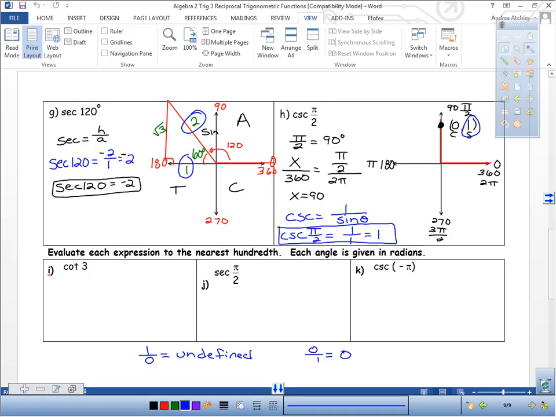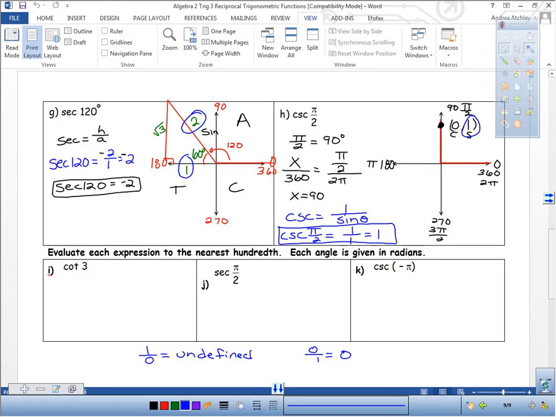I'm going to try and see. Oh goodness, I don't know how to get this into radians.